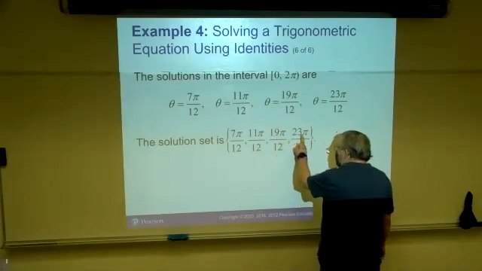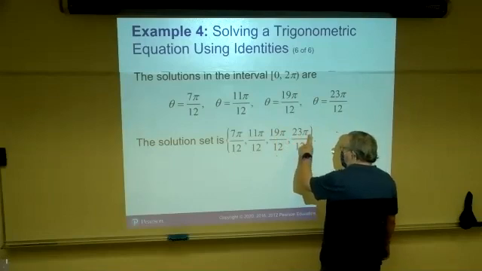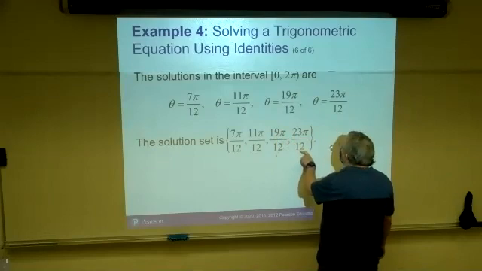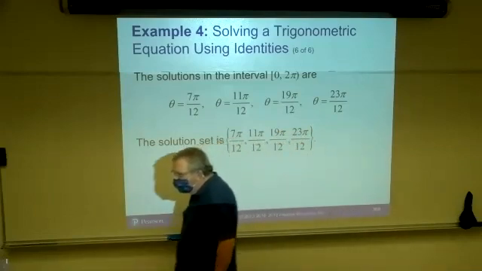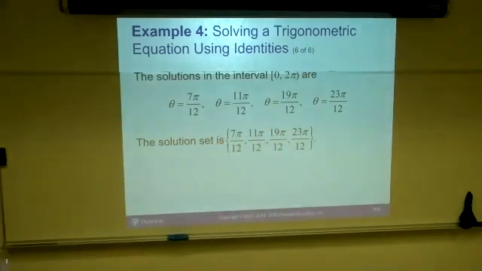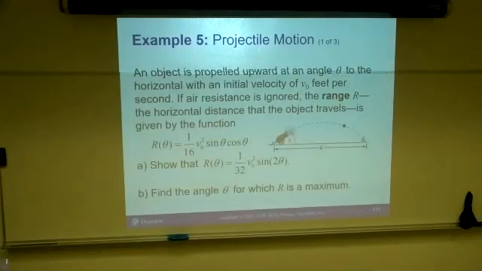I multiply this by 2, and I get 23 pi over 6. Well, those are still solutions to our equation. I will not give you this type of problem.